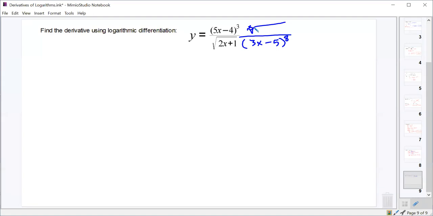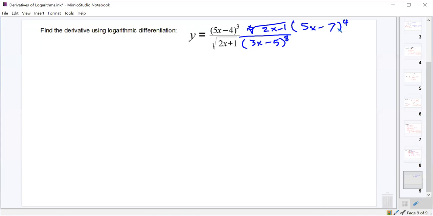Can I still use the quotient rule? How about now? I believe so. You just have to do a lot of product rules, right? Yep, there'd just be a lot of product rules, and that'd get to be really messy and really unpleasant, wouldn't it?